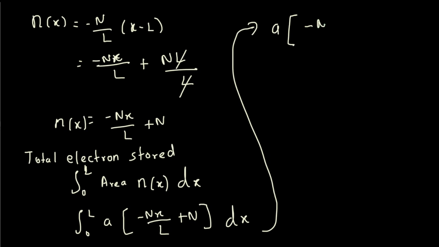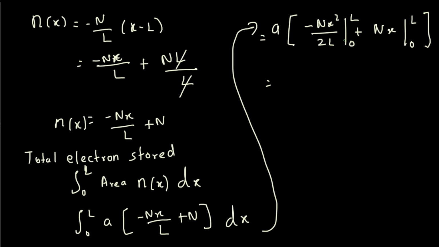So this is going to be minus nx squared divided by 2L. And then here, this one we don't have an x, this is just a 1 we are integrating. So if you integrate 1 with respect to x, that's going to be just x. So nx, that's it. And the limits of integration are 0 to L, below them.